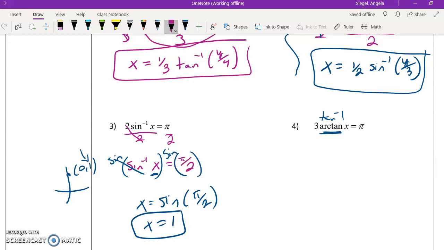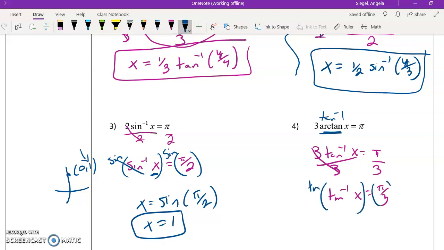Over here, like I said, I have 3 tangent inverse of x. So I'm going to divide by 3. And I'm going to take the tangent of both sides. So think radians. That's what we're dealing with, but our brains think in degrees.